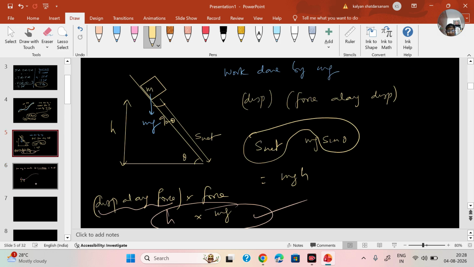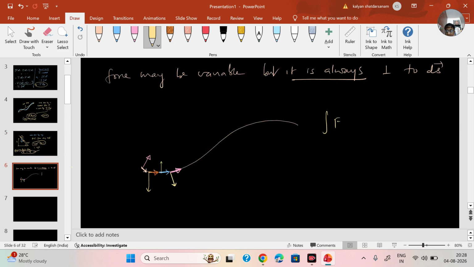In such a case, if you write integral F dot ds, at every moment F and ds are perpendicular, so the dot product will be 0 and total work done by such a force will be 0. So if the force is perpendicular to displacement at every moment, not at one moment, at every moment, then work done by such a force is 0.